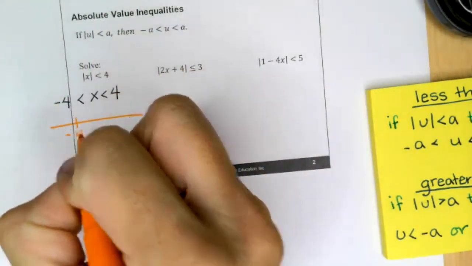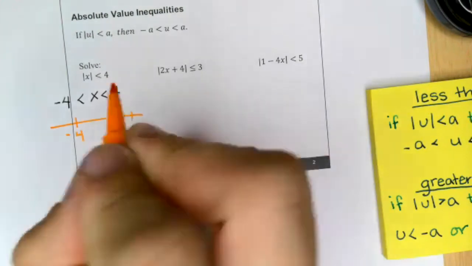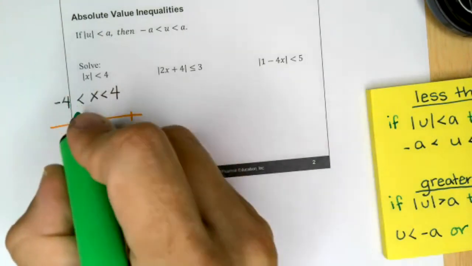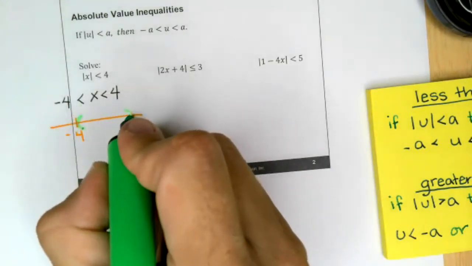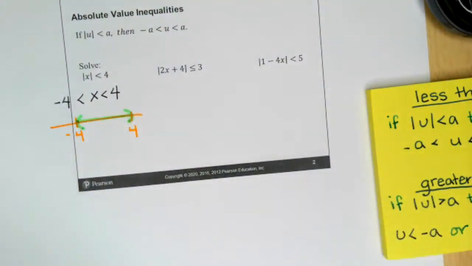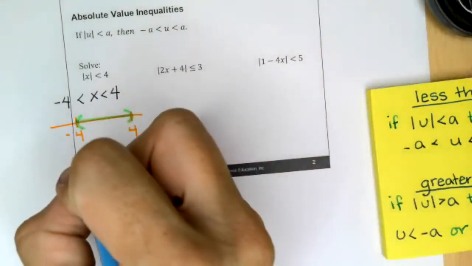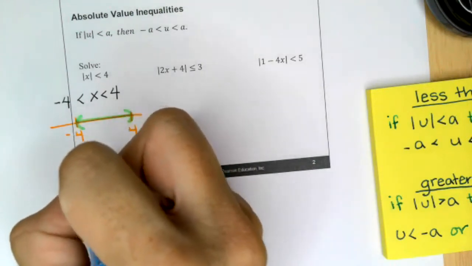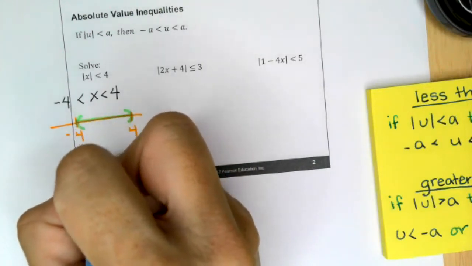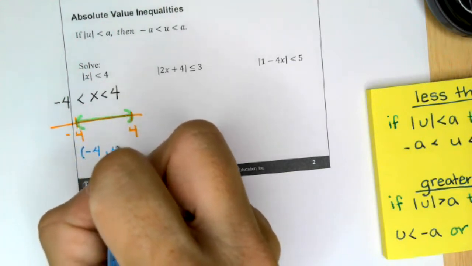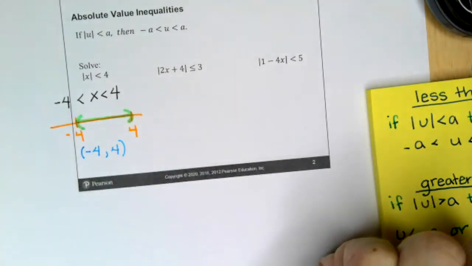Here's -4. Here's +4. X is between those. Just like that. You can write it in interval notation: parenthesis, -4. It starts at -4 but does not include it. Goes to 4 and does not include it.